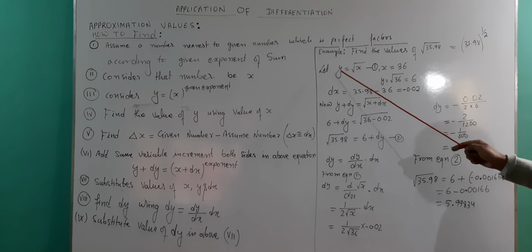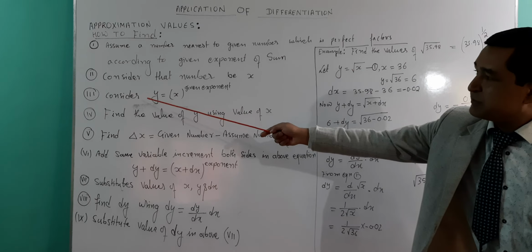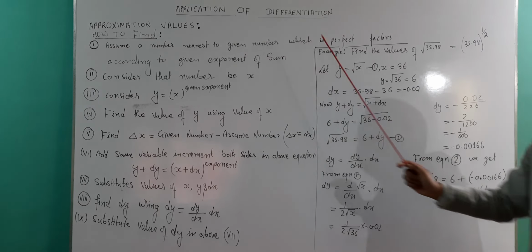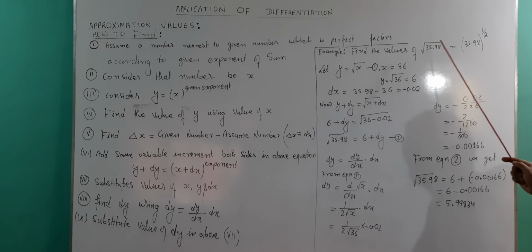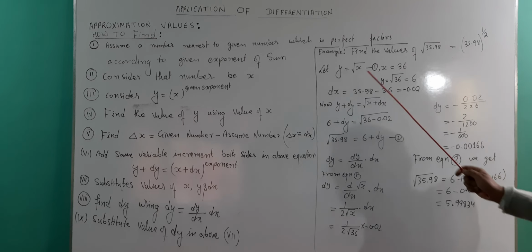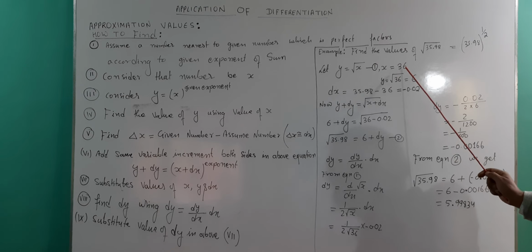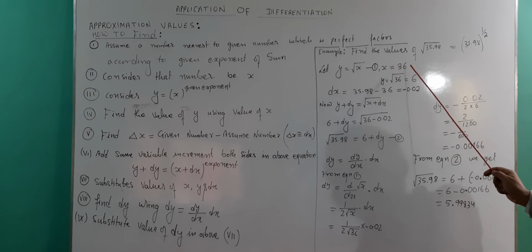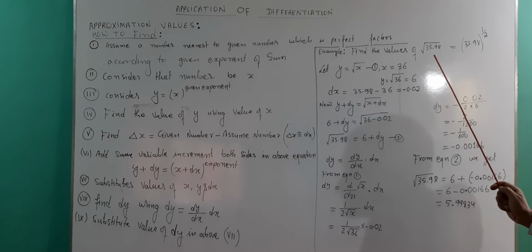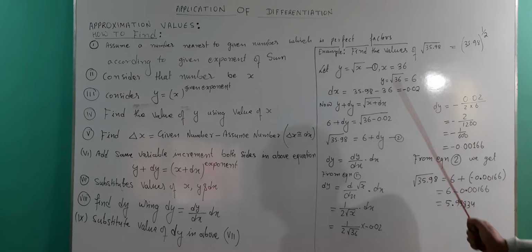Then we form the equation. According to step 3, y equals under root x. Replace the given number by x. Our assumed number is 36, so substitute and replace x by 36, and we get the value of y equals 6.